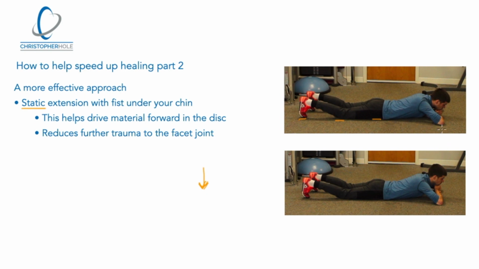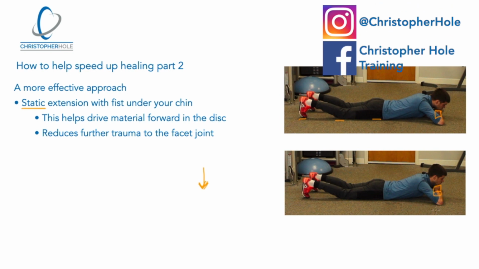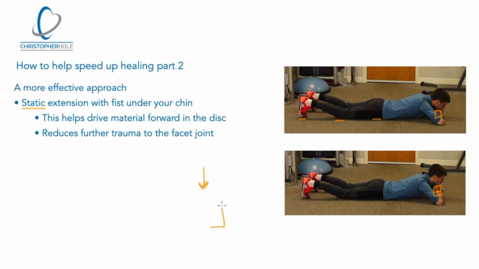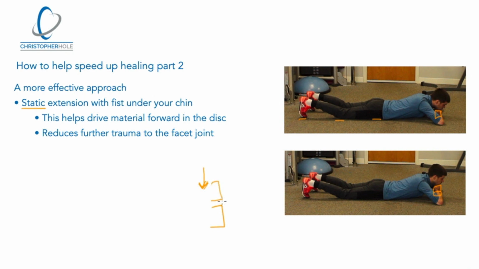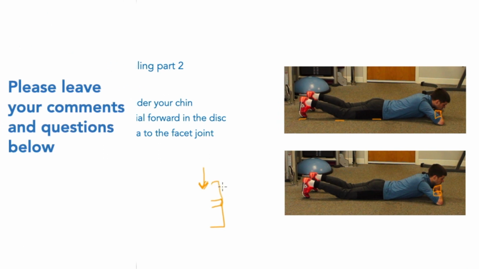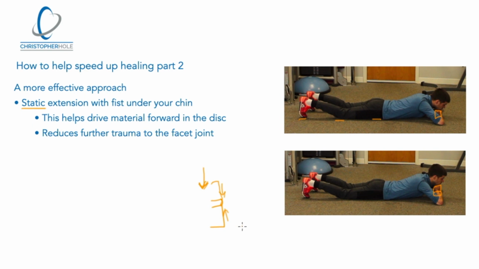Now, as you can see on the diagram, I've got one fist on the floor with my chin on it, and then I've chosen 2 fists with my chin on it. And that's just going to extend my spine that little bit more. So with that extra bit of extension, if I just draw the back of the vertebra on there, and then the disc in between, we're still getting that compression on the posterior part of the vertebra and of the disc.